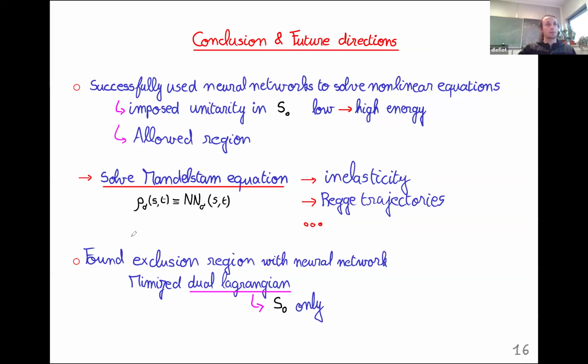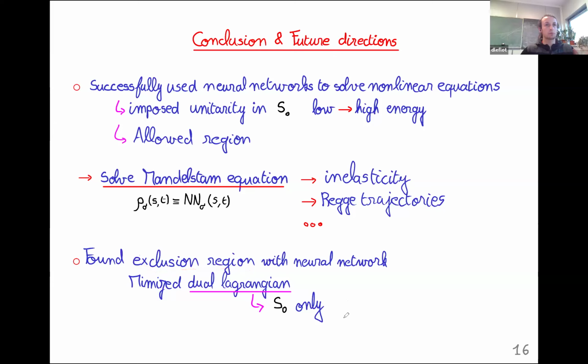One last comment. What I explained in the talk is how to build amplitudes, and it enables us to find an allowed region, but you can also use analyticity, crossing and unitarity to find the exclusion region. This is called the dual approach.